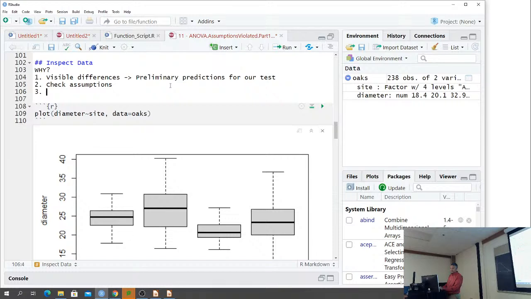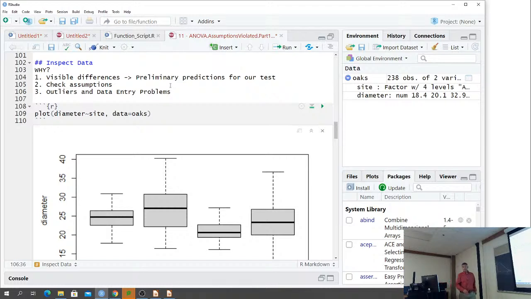There's one other reason we inspect our data, and we've said it a couple times before. Outliers. I'm going to put outliers and data entry problems, because if there was a data entry problem, it's probably going to show up as an outlier.